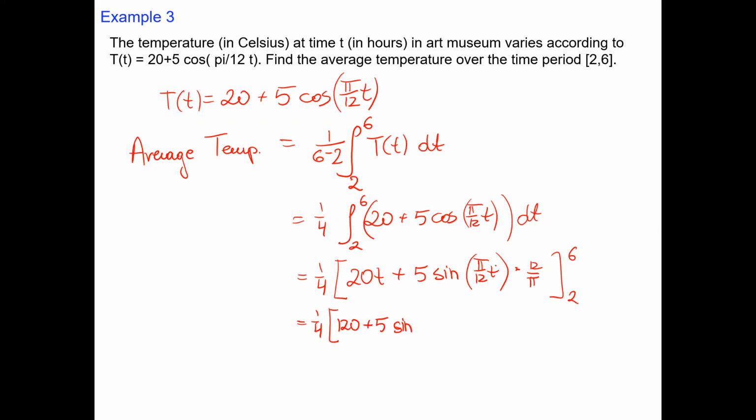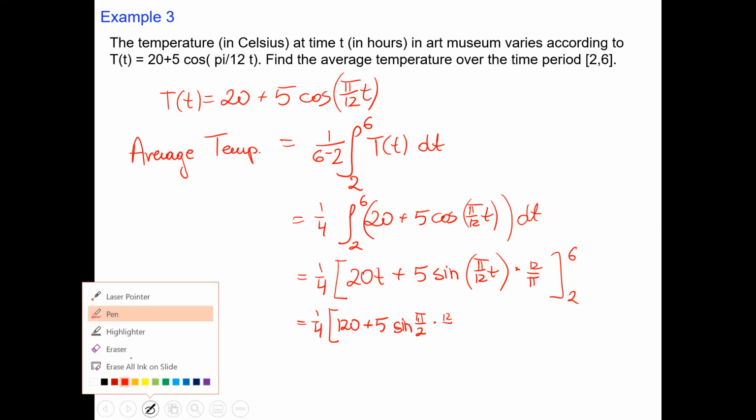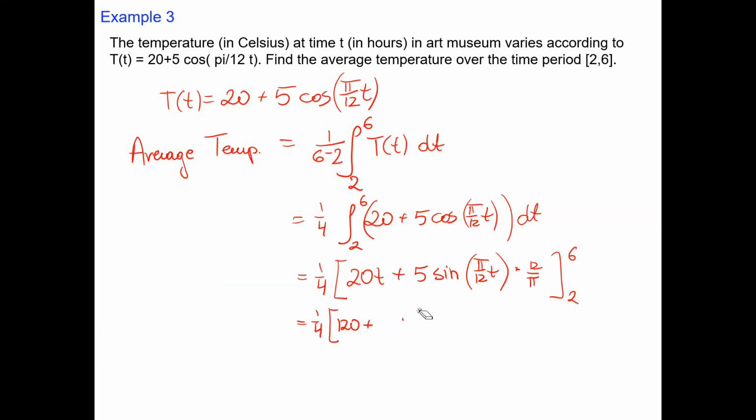6 times 20, 120 plus 5 sine of, when we put 6, pi over 12 times 6 is pi over 2, times 12. Actually, let me multiply, because this is pi over 12 over pi. I will multiply by 5.